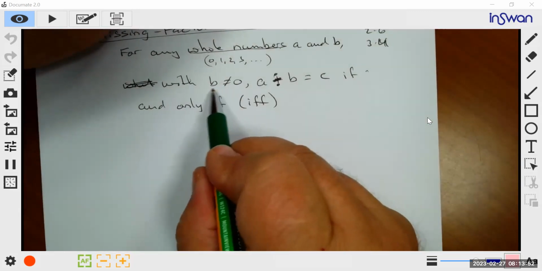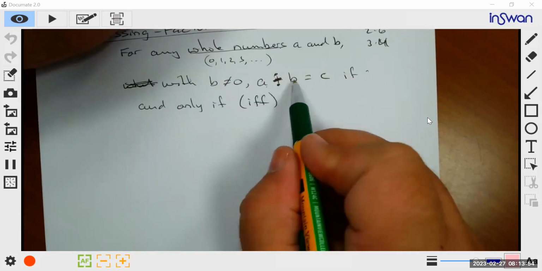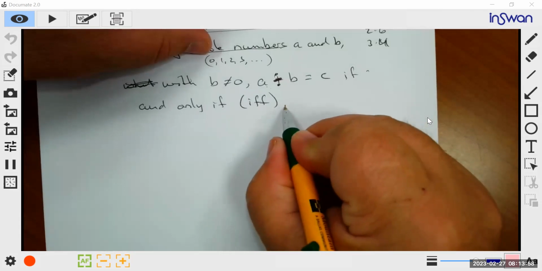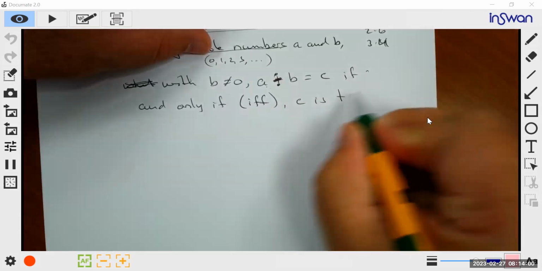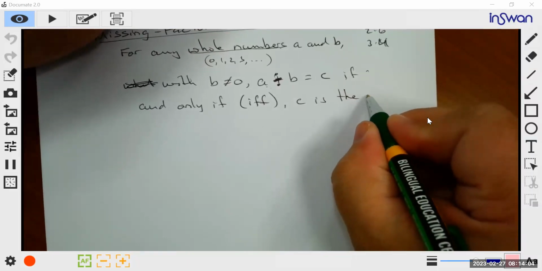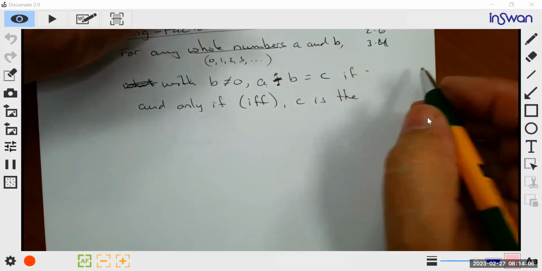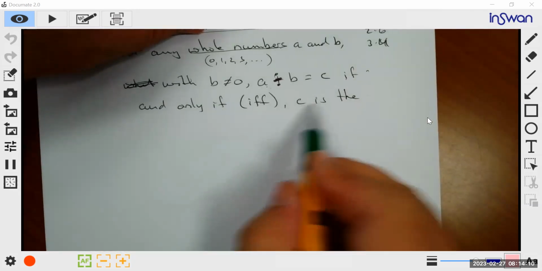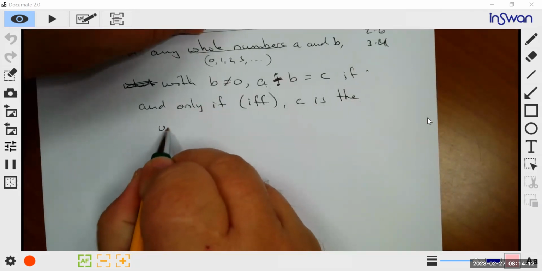So with B not equal to 0, A divided by B equals C if and only if C is the number, and it has to be unique.